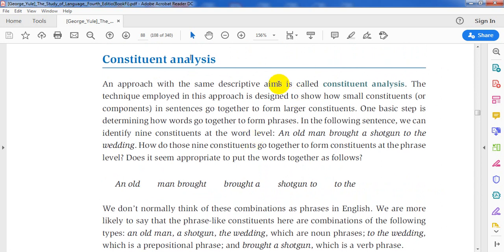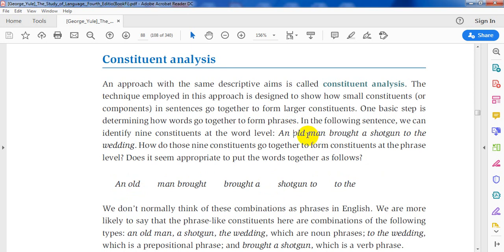Okay, and here it is a technique employed in this approach designed to show how small constituents or components in sentences go together to form larger constituents. What makes this sentence acceptable in English? Why is it acceptable in English?